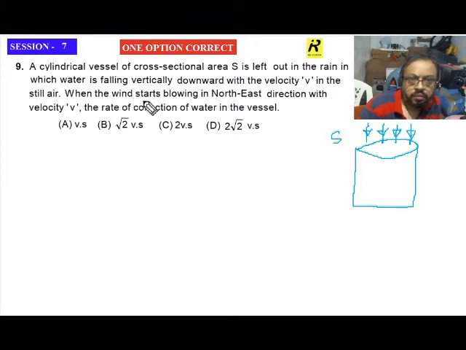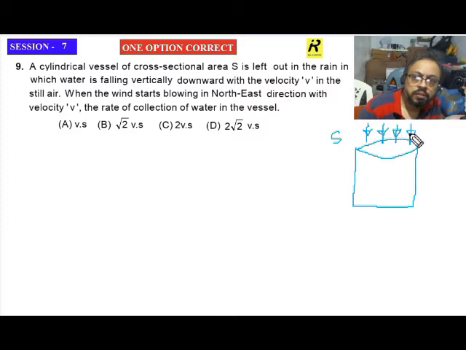Okay, so when the wind starts blowing in some direction which is northeast with velocity v, the rate of collection of water in the vessel. See, be careful.